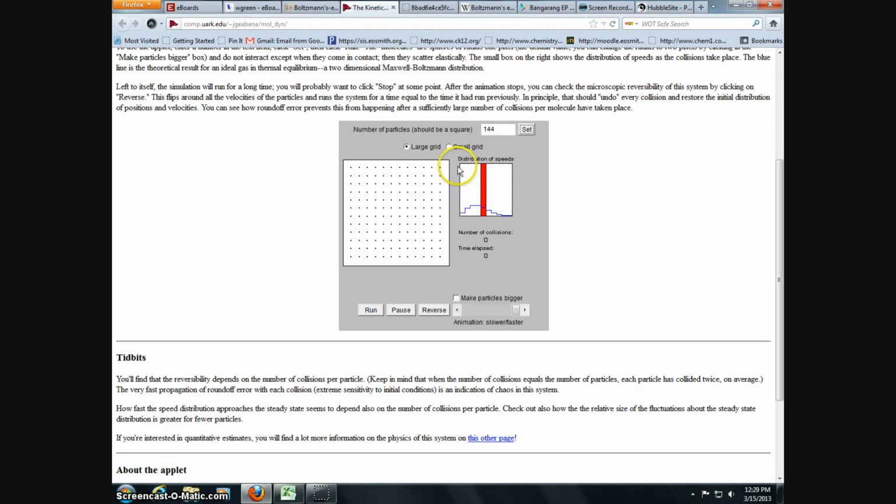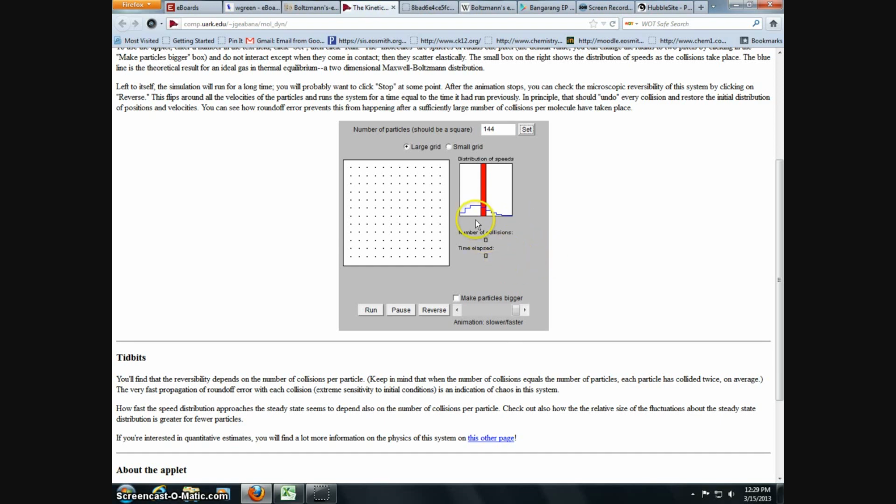Oh, I'm sorry, I just misspoke there. On the y-axis is the number of particles, and on the x-axis is the energy state or the energy level. So it's kind of turned from what I showed in the spreadsheet.